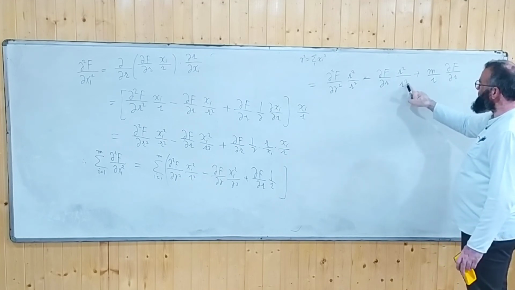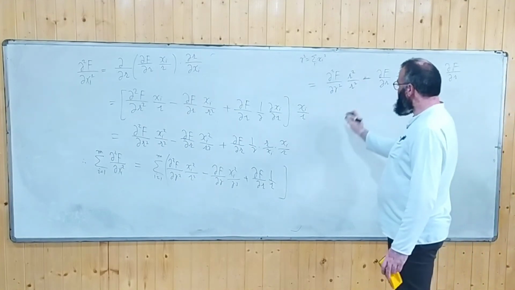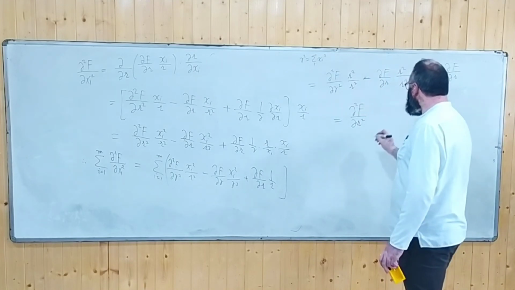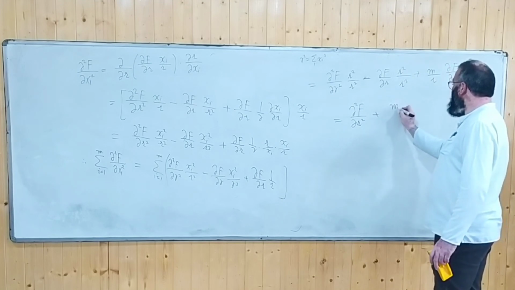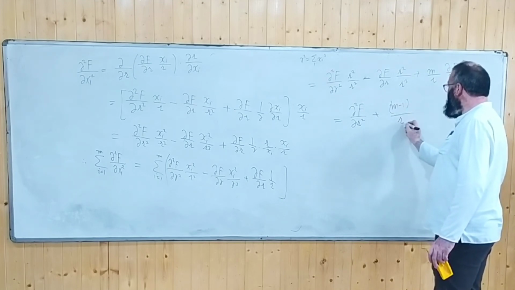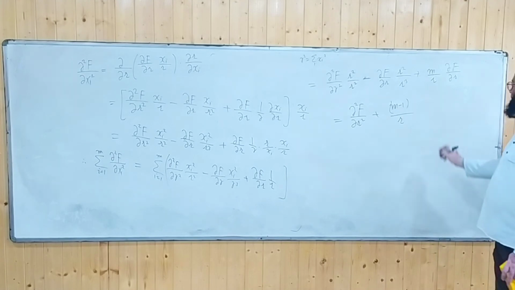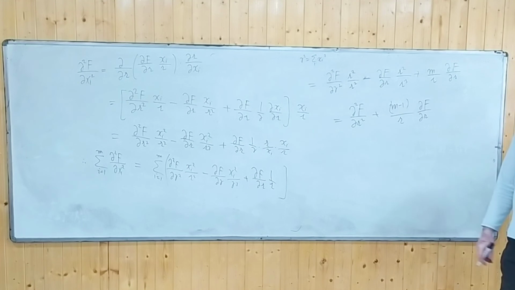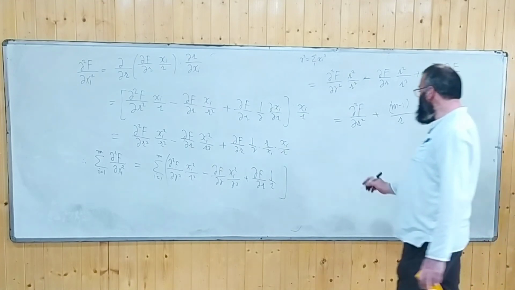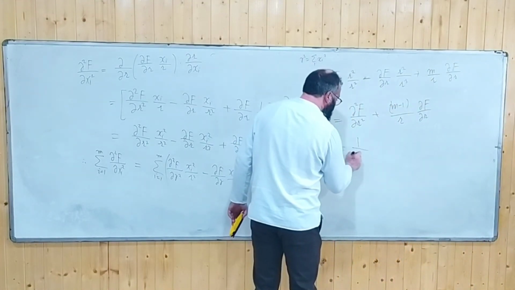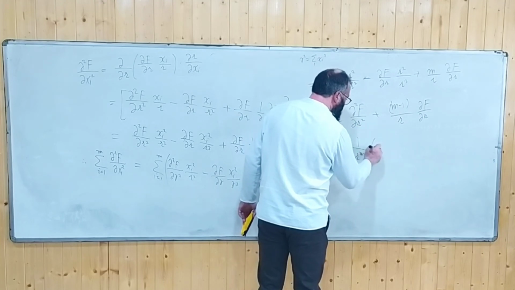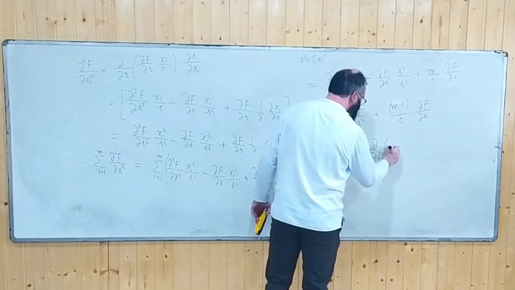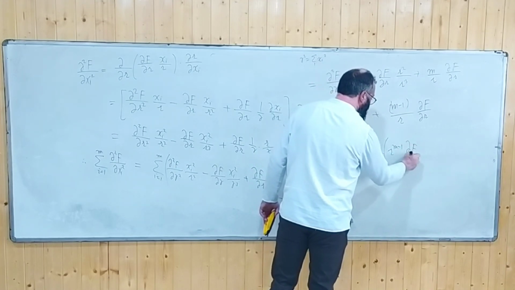Okay, so r square will go, it will be 1 by r here. So it is simply partial square f by partial r square plus m minus 1 divided by r partial f by partial r, simply. Clear? So I can put it this way: 1 divided by r raised to the power m minus 1, partial by partial r, r raised to the power m minus 1, partial f by partial r.